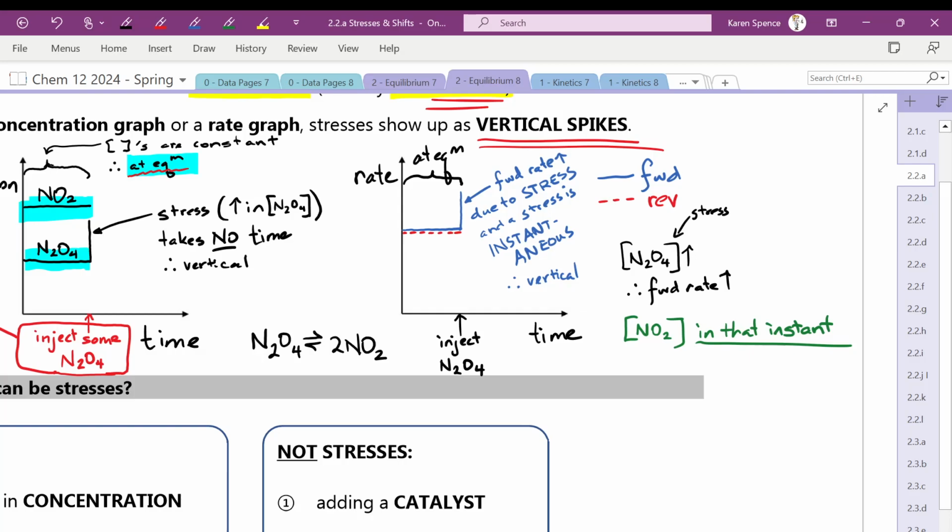In that same instant, what happens to the concentration of NO2? I'm going to let you finish writing. There's people still writing, so I'm going to let you finish writing, then we're going to go over this.